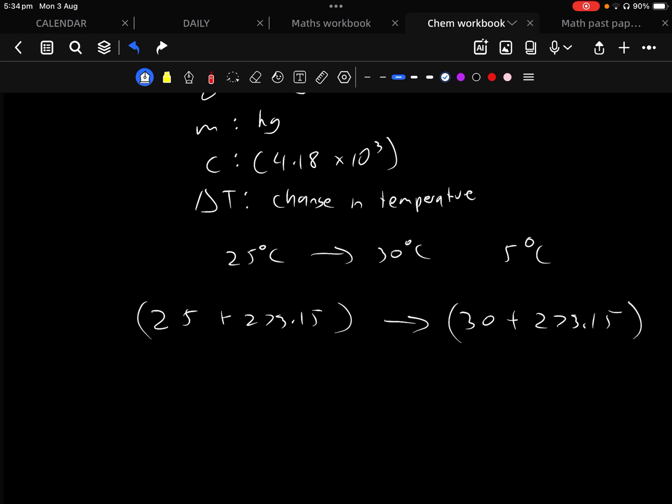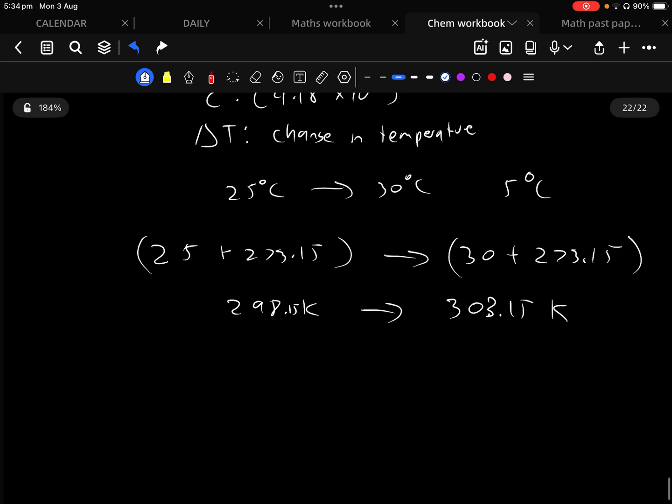We put this into the calculator. It will give us these values in kelvins.